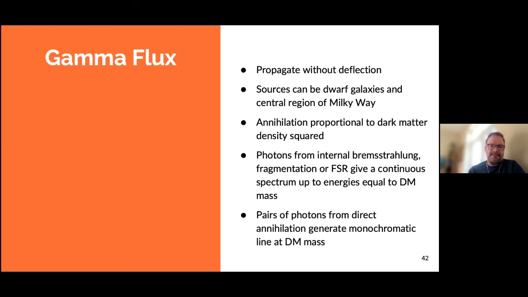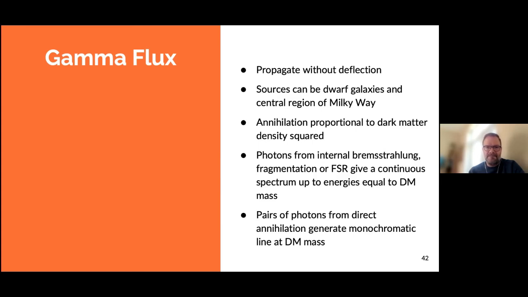Photons are nice generally. It depends a little bit where they are produced, but because they're neutral, they propagate without deflection. Sources can be dwarf galaxies and the central region of the Milky Way. The annihilation is proportional to dark matter density squared.